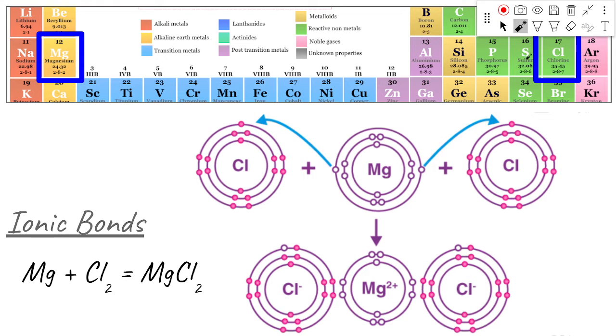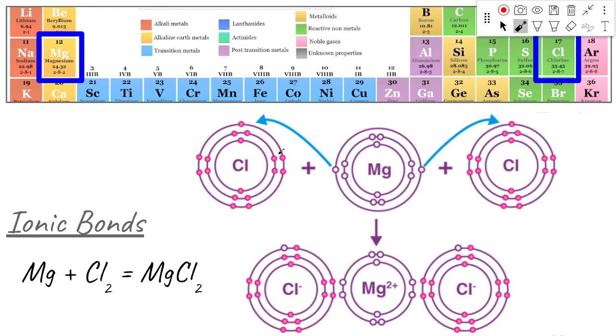Meanwhile, chlorine, you remember, was number 17. He wants 1 more. I can't give these 2 electrons to 1 chlorine atom, but if I could find 2 chlorine atoms, then magnesium could pass the first chlorine 1 of those electrons and send the other one over to play at the second chlorine's house.